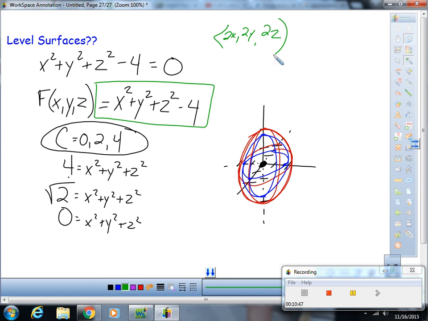So let's say we're taking the gradient of the red function at the point right here. At the point 2, 0, 0, you get 4, 0, 0, which is this vector right here. Oh, cool. It is still orthogonal to our curve.